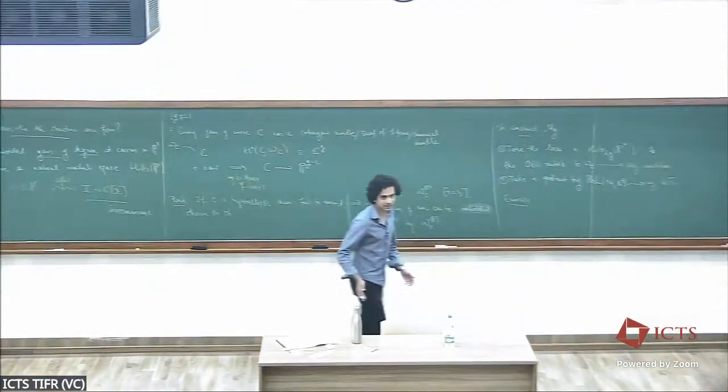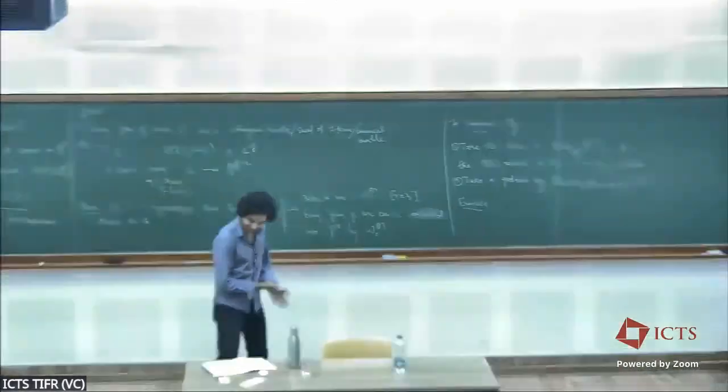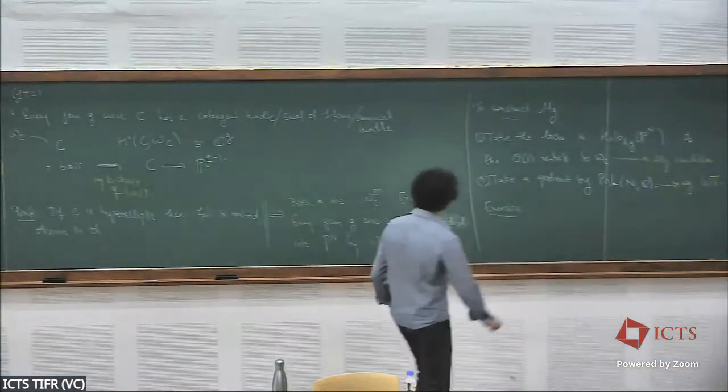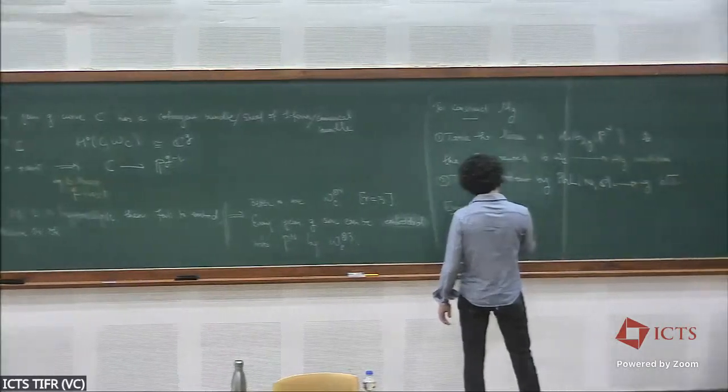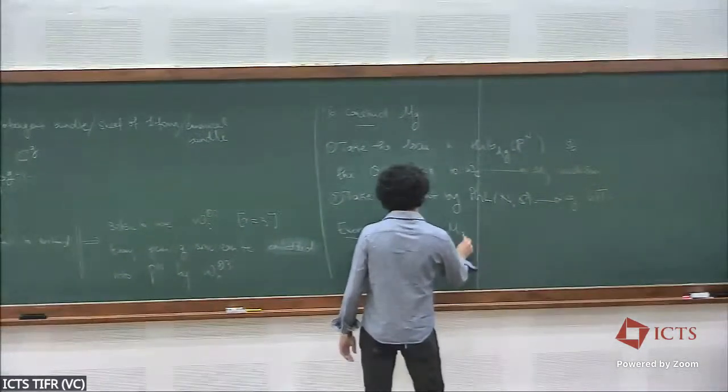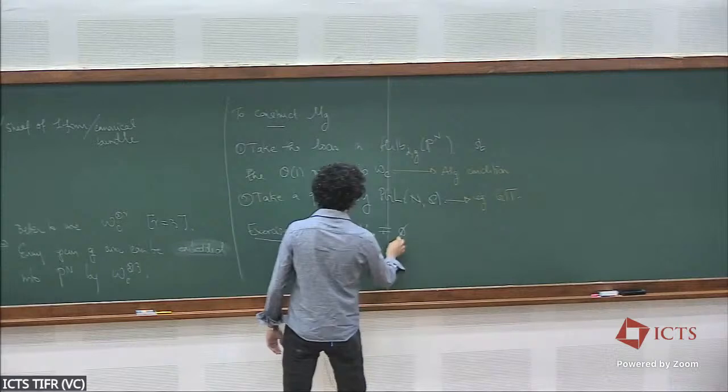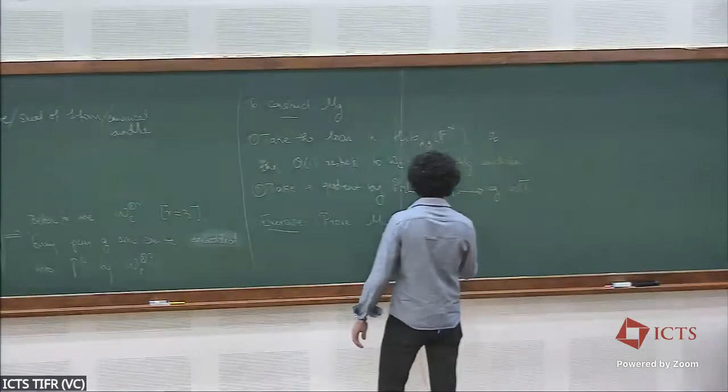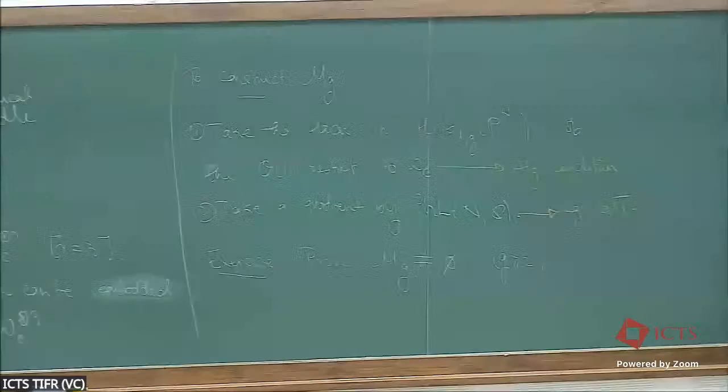Okay, the real exercise is just to understand the lectures, but I will give some exercises as well. The first exercise is to prove that M_g is non-empty for all g, in other words, for all values of g.